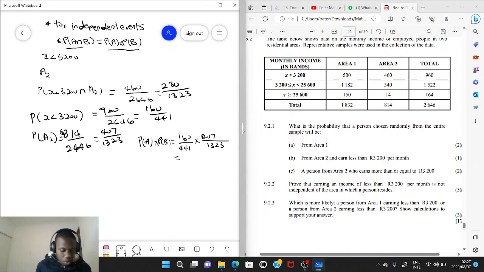Let's check it out. I get 0.11161 and so on.